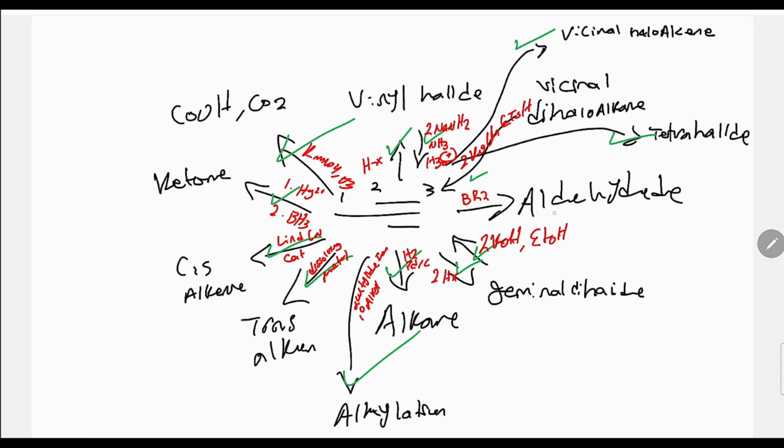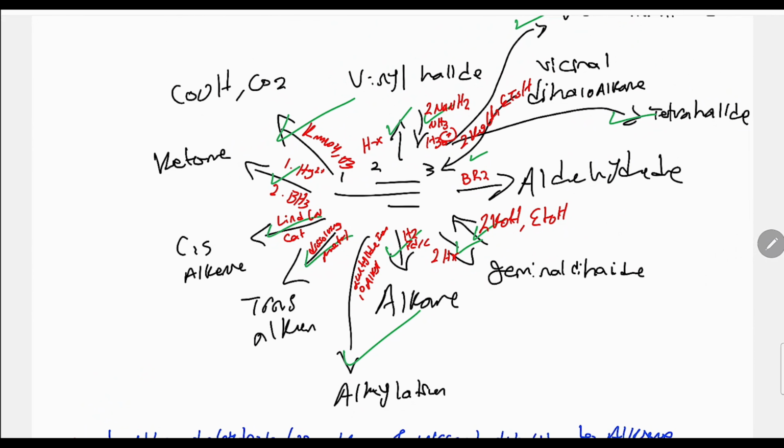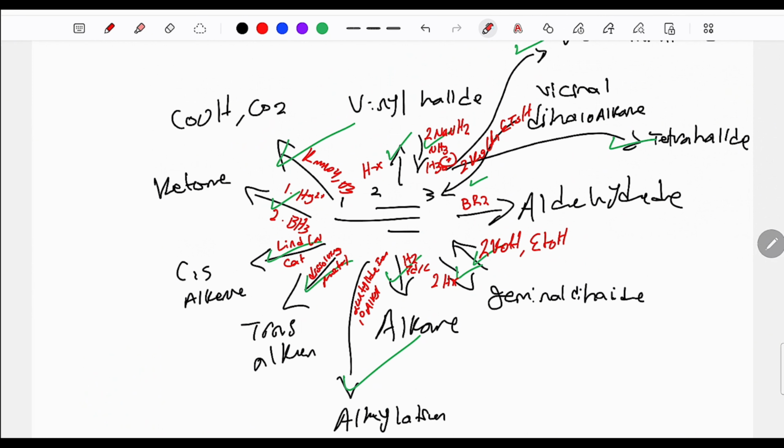Final word that I want to mention is that you can actually make a terminal alkyne from acetylene. And internal alkynes can be synthesized from terminal alkynes. How, you may ask? Well, by just reacting it with another RCH2 group.